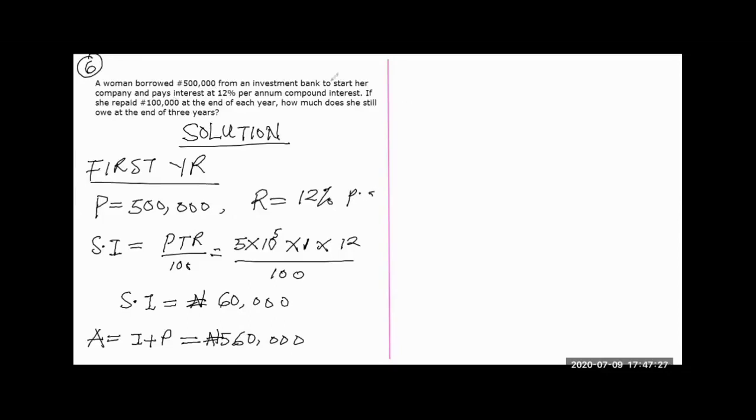returning 100,000. The question says she repaid 100,000 naira at the end of each year. So if she repaid 100k, is she still owing the company this amount? No, of course.